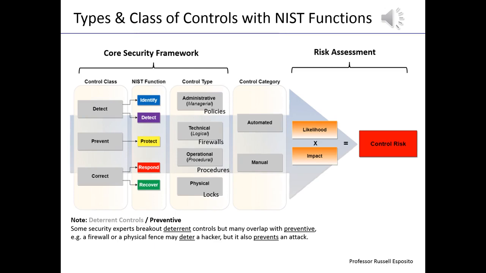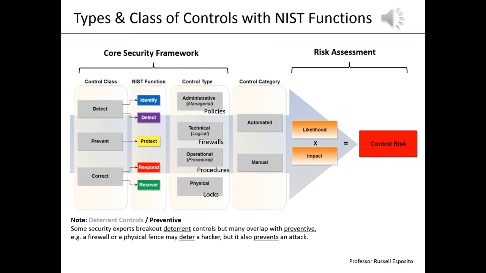So they map to detect. You have to first identify what your assets are before you can even detect if there's a problem with one of your assets. So identify your assets, detect if there's a problem. That maps to detect on the left-hand side. The next NIST function is protect, and that maps to prevent, a control that prevents a problem. You have to protect your assets, your system, and your data by preventing things from happening.